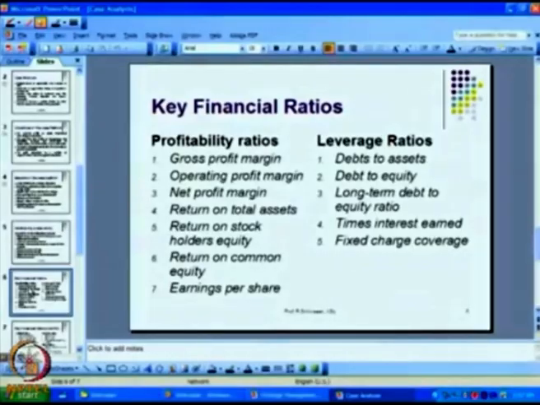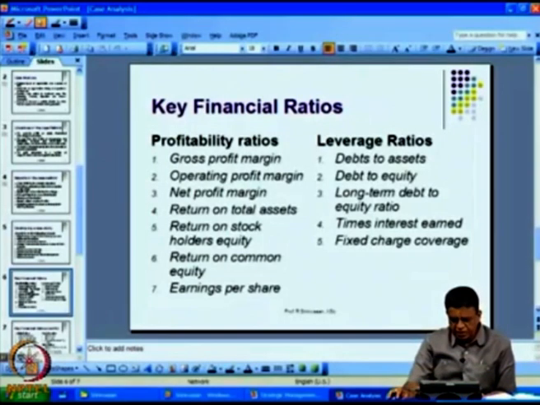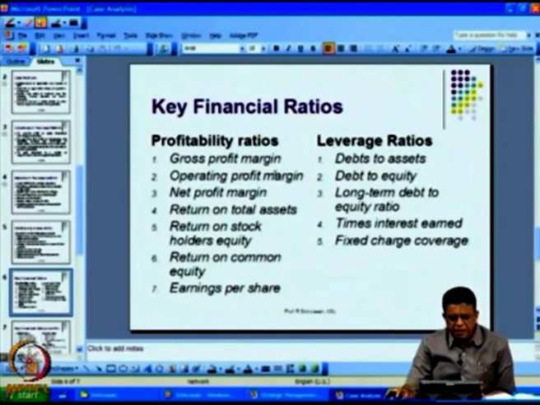Now, after having looked at these measures of financial performance, let us now look at some key financial ratios today. So, these are the ratios which are of interest to us. One is the profitability ratios. They are listed here. I will be discussing each one of them in greater detail.